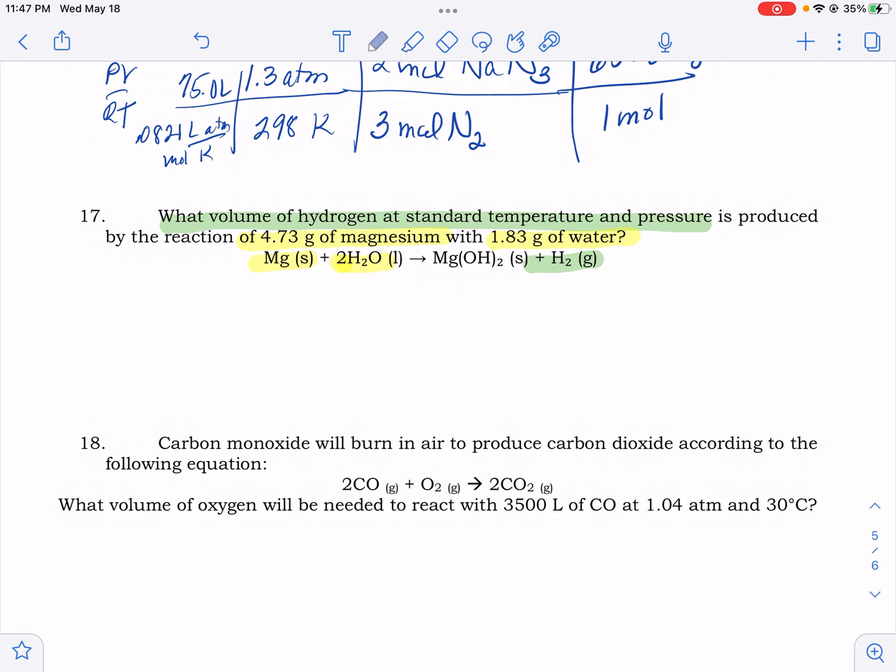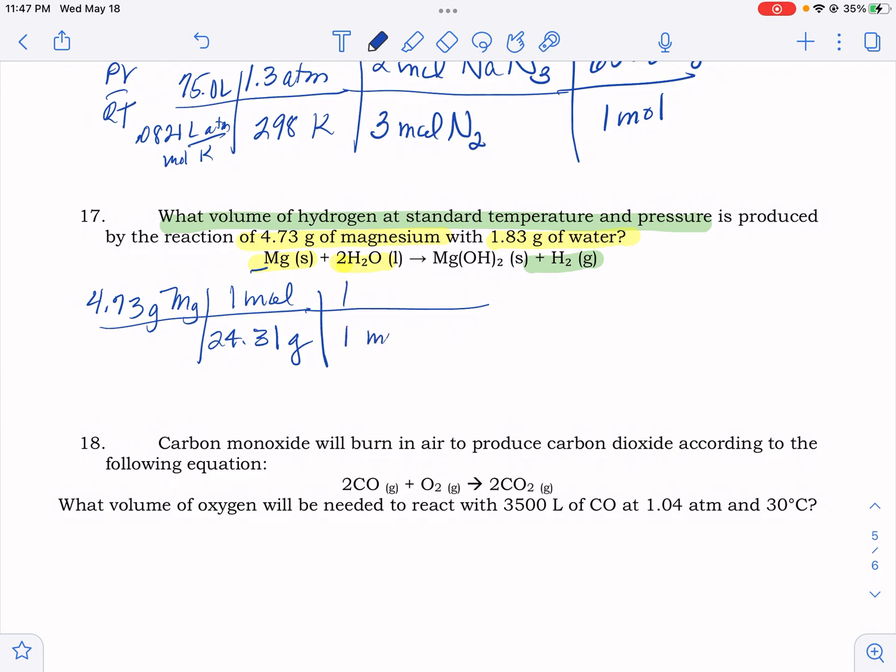So what do we do when we have amounts of both of our reactants? Well, we have to solve for limiting. So we'll start 4.73 grams of magnesium divided by 24.31 grams in 1 mole. The ratio of magnesium to hydrogen is 1:1. 1 mole of magnesium will give me 1 mole of hydrogen, and it's at STP.